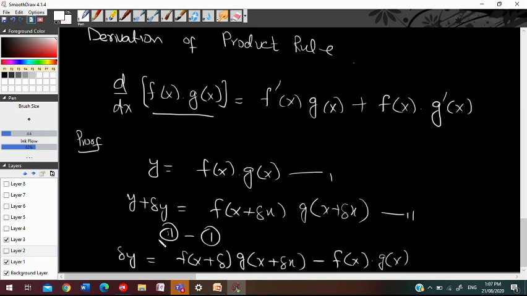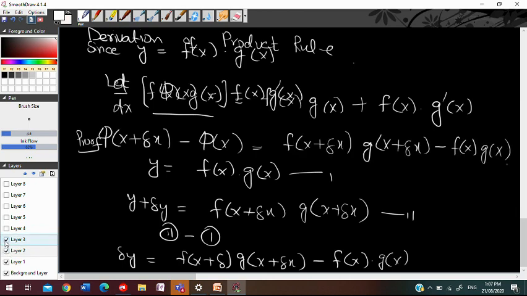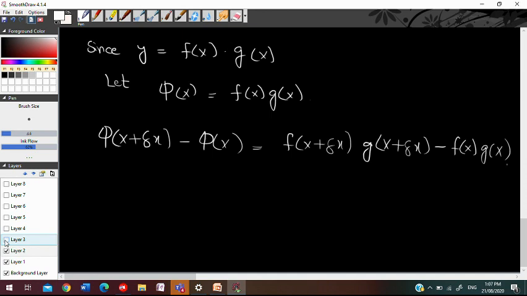Actually, I'm taking the other supposition for the convenience of our calculation. Otherwise, this is okay if you want to take the same suppositions. Now I have taken y is equal to f of x plus g of x. That was the original function.